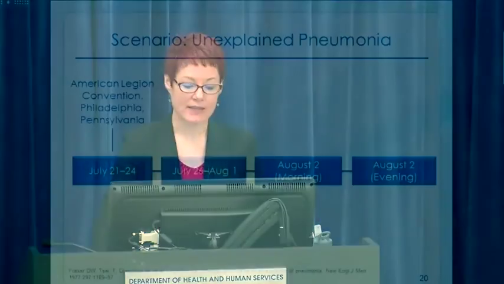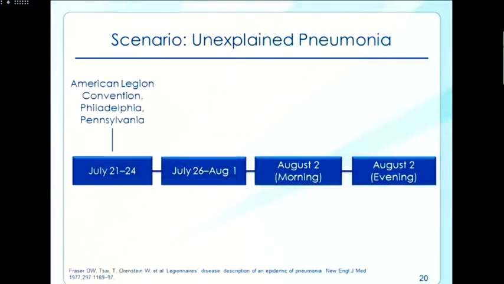Members of the American Legion gathered for the annual American Legion Convention held July 21st through 24th, 1976 in Philadelphia. Soon after the convention began, a substantial number of attendees were admitted to hospital emergency departments or seen at doctor's offices with sudden onset of fever, chills, headache, malaise, dry cough, and muscle pain.